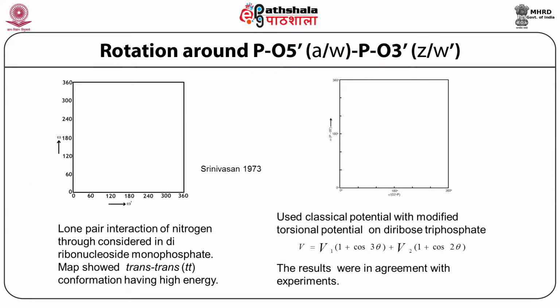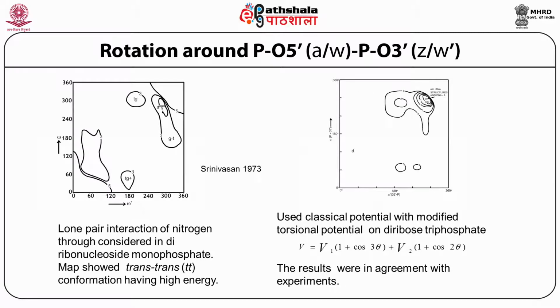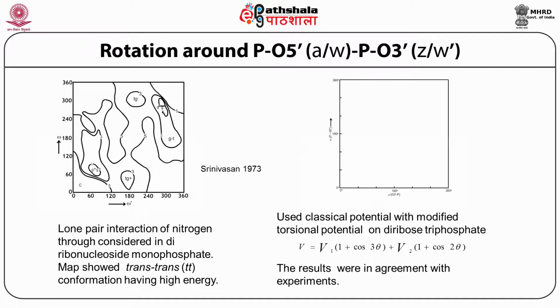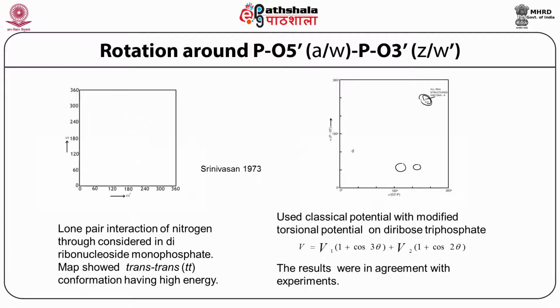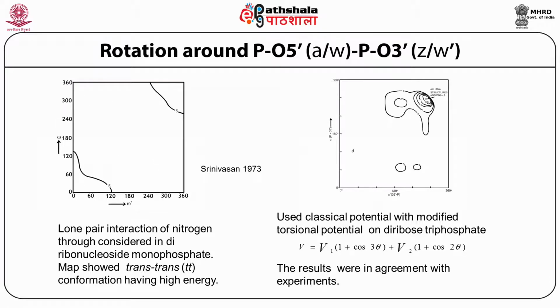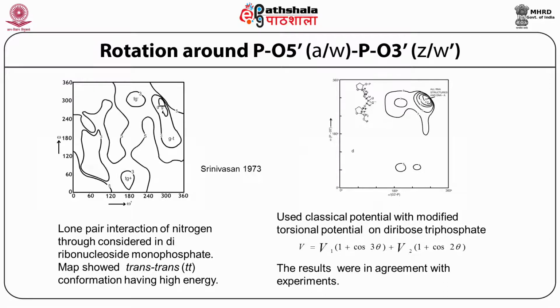We show here some more conformation energy maps for the same rotations, omega, omega prime. But you find again they are much different than what we saw in the last slide. Now, in the case of Srinivasan's study, 1973, the lone pair interaction of nitrogen was considered in diribonucleoside monophosphate.